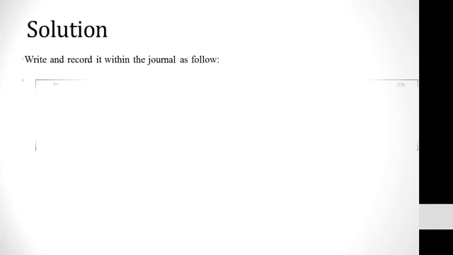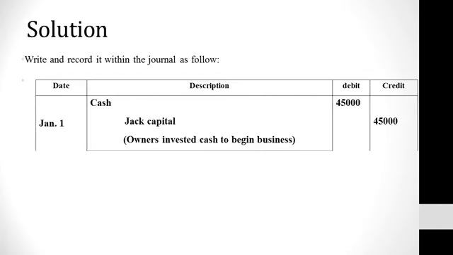We're going to write this within the journal like so. Date, January 1, description or explanation. We start with the debit account. We already know that cash is the debit account. So place it here and write its value within the debit side.